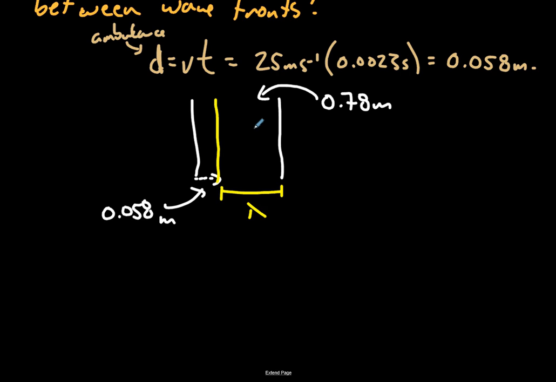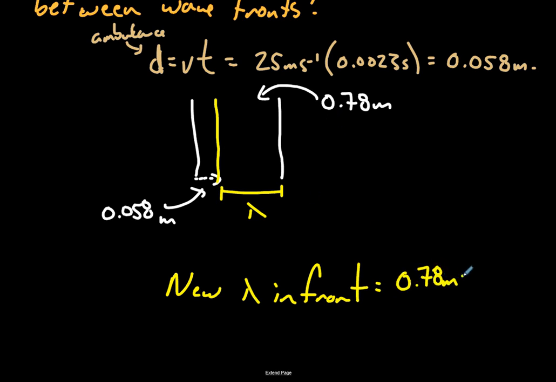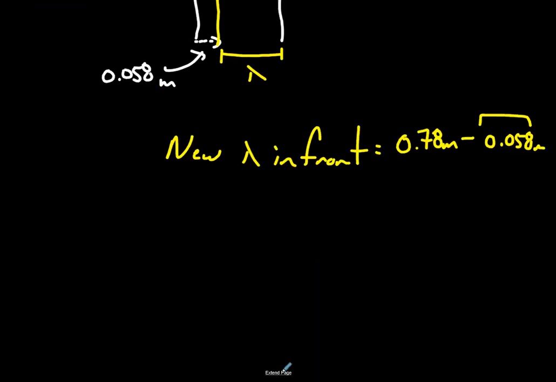The new wavelength in front of the ambulance is the difference between these two values. So my new wavelength in front equals 0.78 meters subtract 0.058 meters, because this is how far the source has moved from here to here before the next wavelength can be emitted. If it was sitting still, we wouldn't have to worry about that. Each one is just that 0.78 meters.